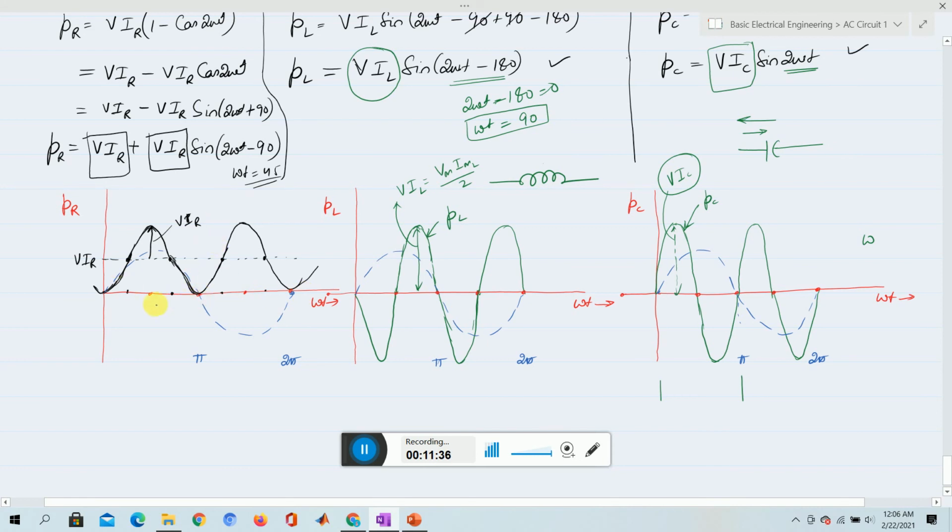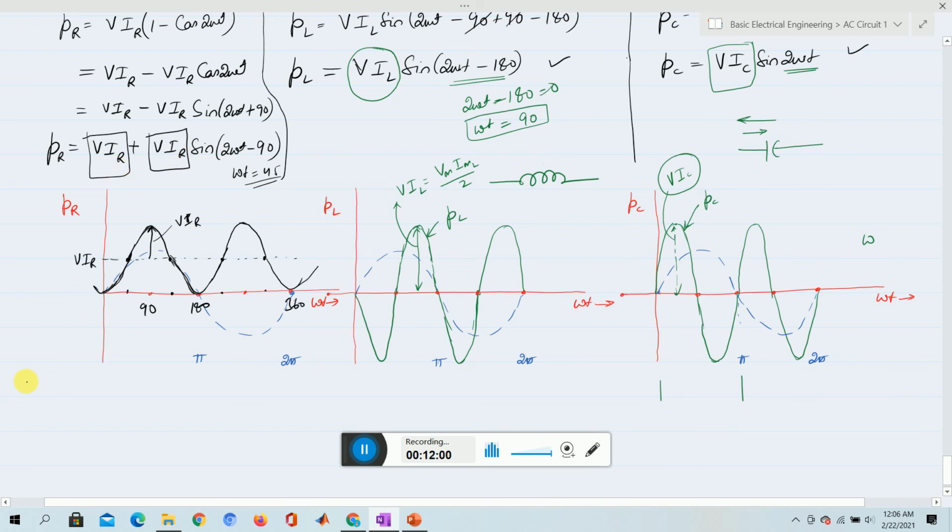At omega t equals 180, this is 90 degree, and this is 360. At omega t equal to 180, we can have sine of 360 minus 90. So sine of 360 minus 90 is sine of minus 90, and that value is minus VIR.